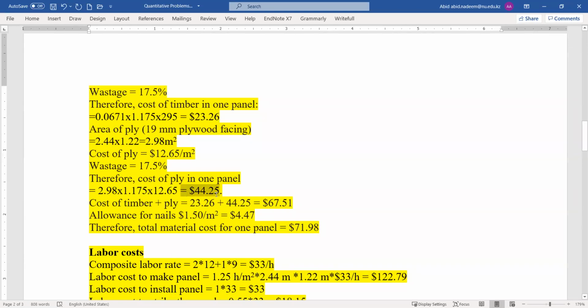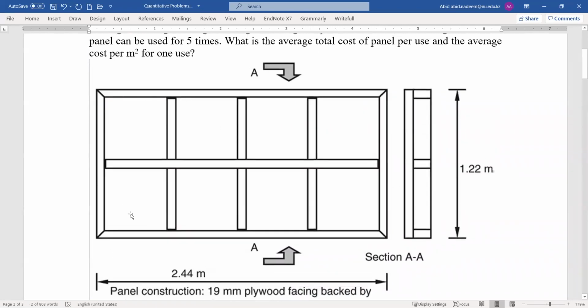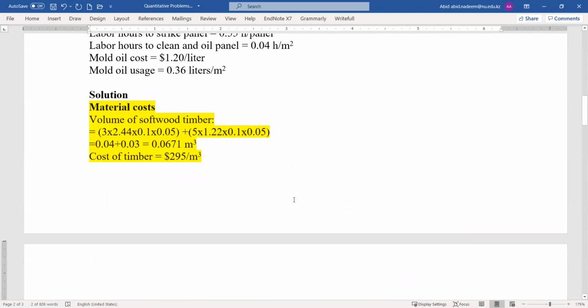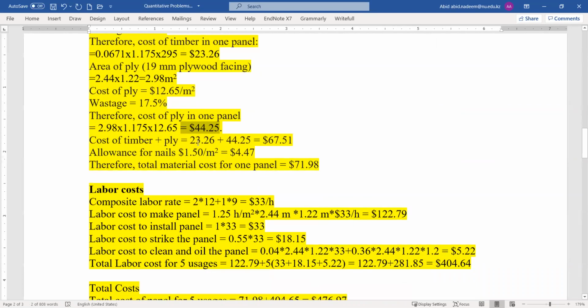So it should be about $44.25. So the wooden plank is $44.25, the horizontal part, and then these supports are like $23.26. So the total material cost will be 23.26 plus 44.25.